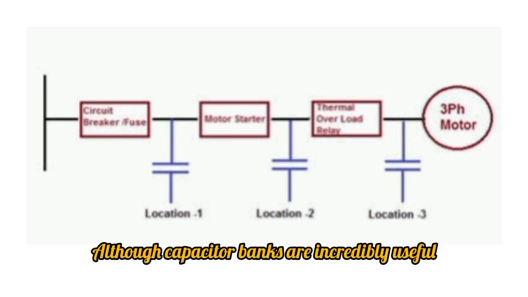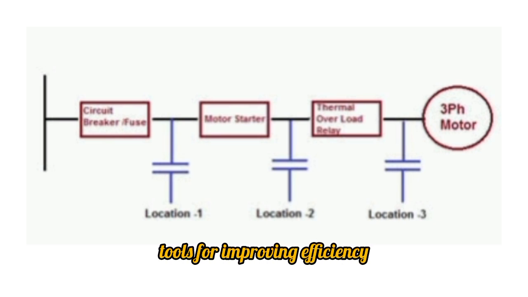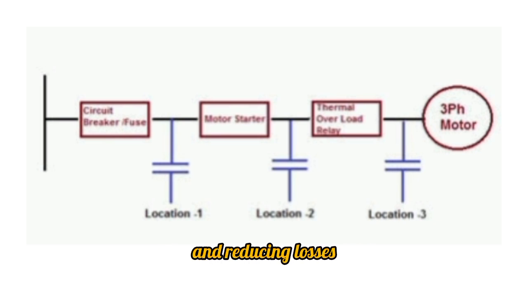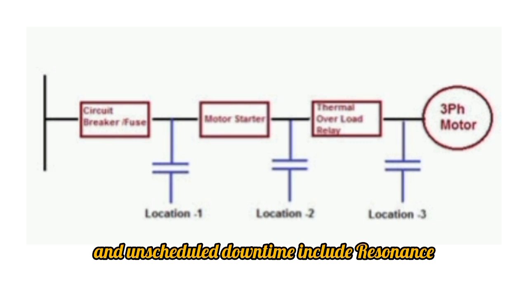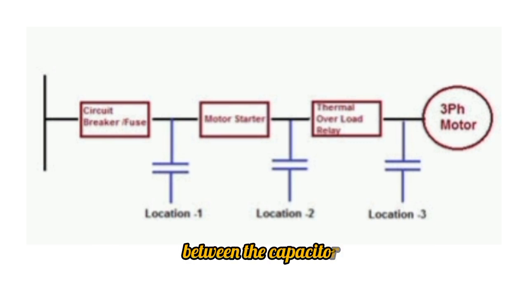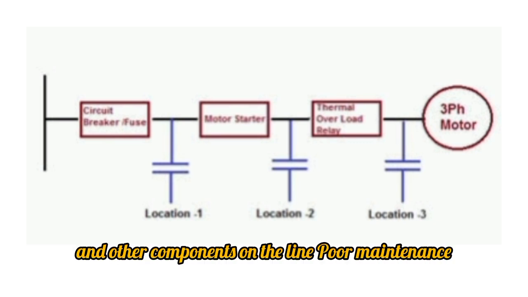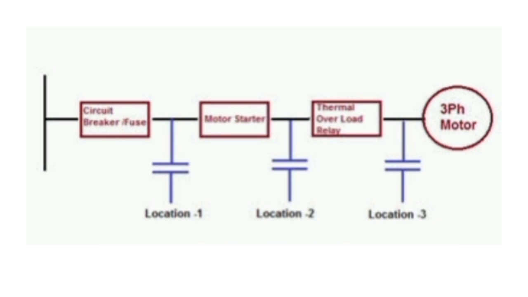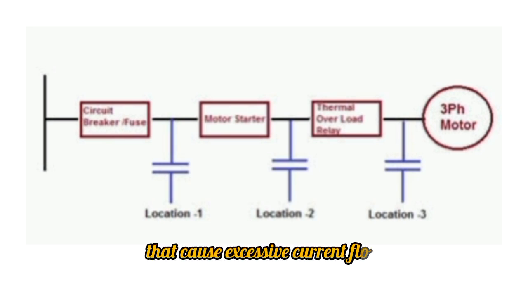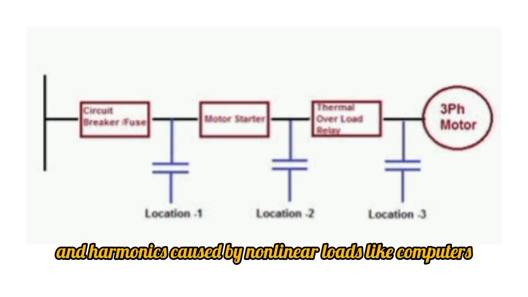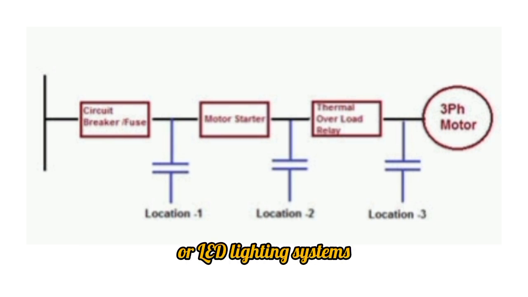Although capacitor banks are incredibly useful tools for improving efficiency and reducing losses, they can also fail if not properly maintained or installed correctly. Common causes of failure and unscheduled downtime include resonance between the capacitors and other components on the line, poor maintenance leading to overheating, unexpected load changes that cause excessive current flow, and harmonics caused by nonlinear loads like computers or LED lighting systems.